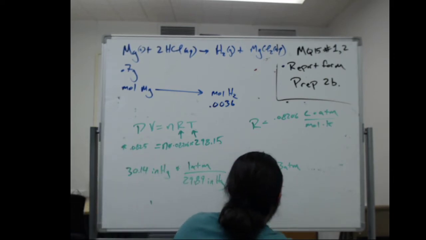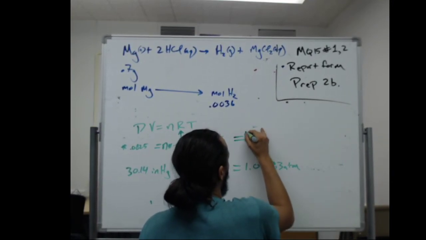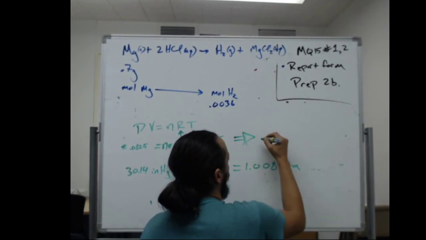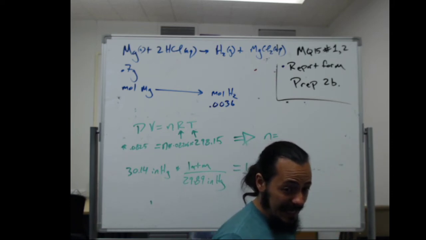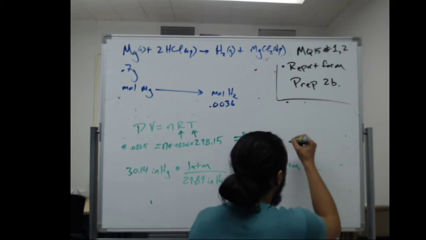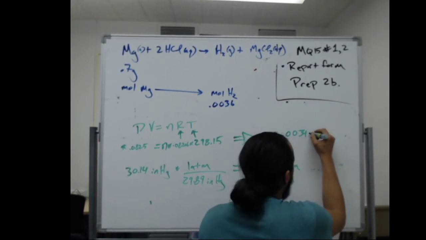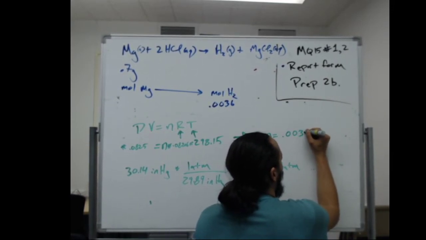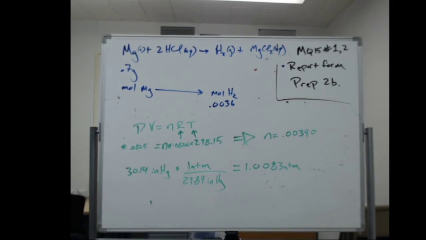Okay, back to organizing. Assuming I didn't make any calculator mistakes, I hope you're following along. 0.0034. Don't need that last 0 there, but that's what I get.